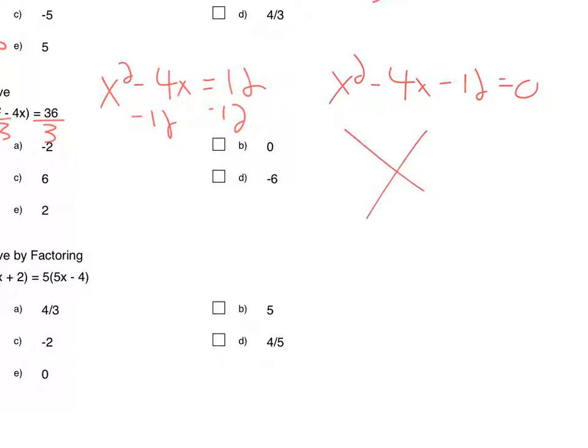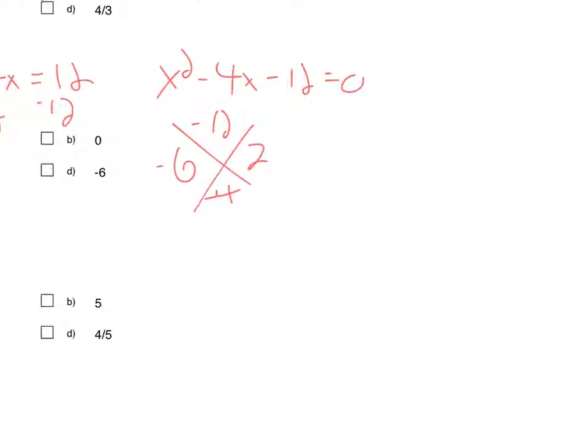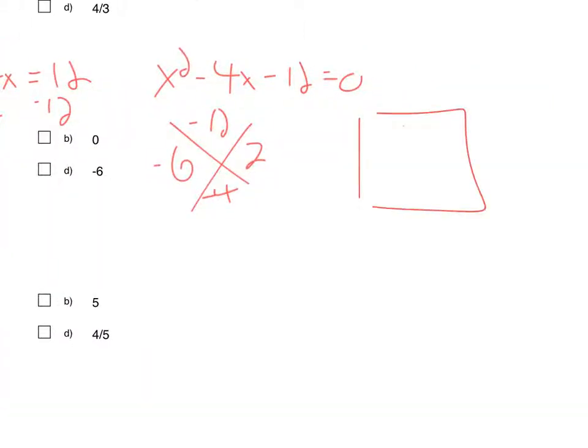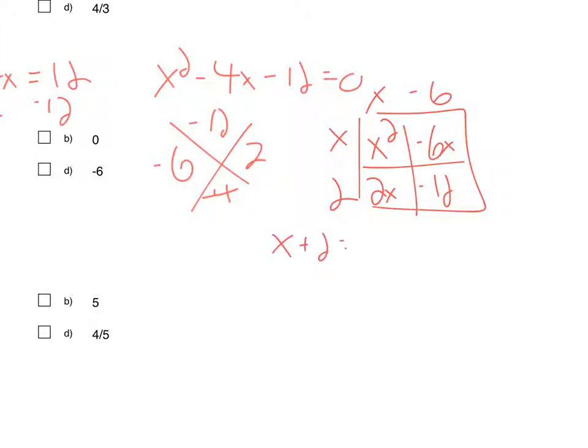Which then we X box, so we get negative 12 and negative 4. So that's negative 6 and 2. So we get 2 there, we get x there, and negative 6 there. So x plus 2 equals 0, and x minus 6 equals 0. So x equals negative 2 and 6.